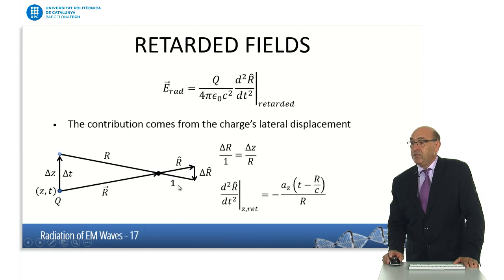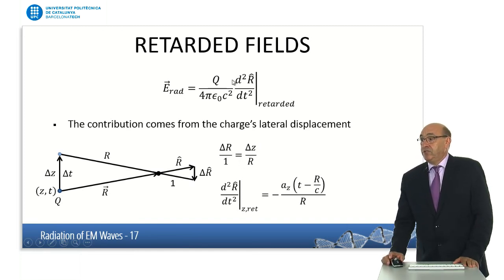And you can immediately write that if you divide the change in the unit vector, which is this segment of this triangle, by this segment that is 1, you have this ratio. What is the equivalent on this large triangle? Well, it's the displacement and the distance. So this is delta C divided by R.